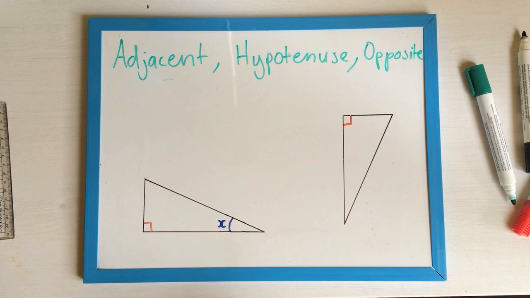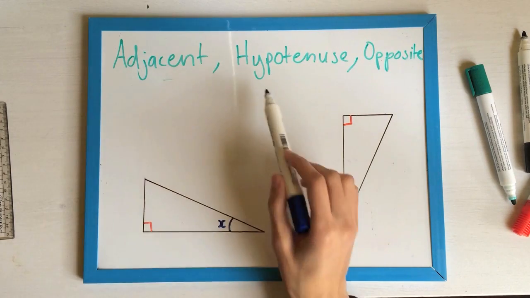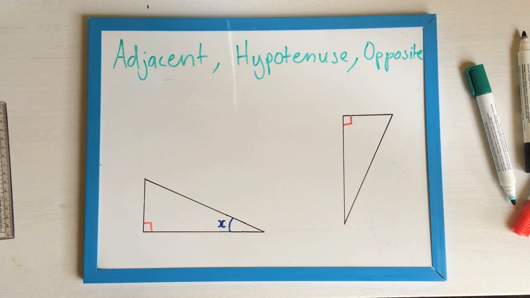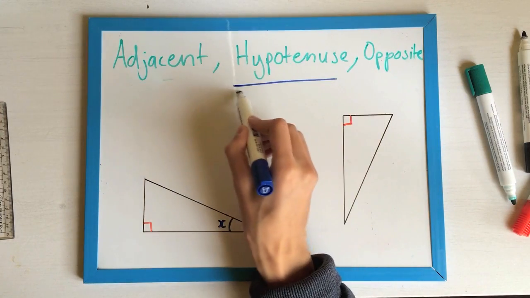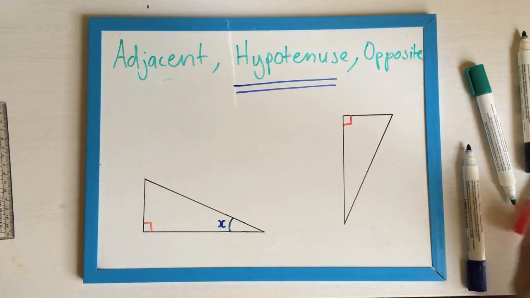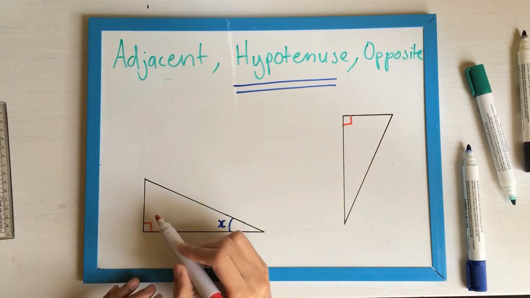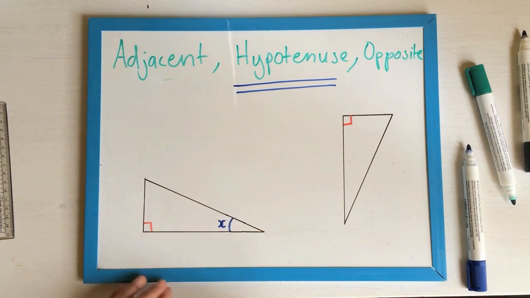Now that we understand what a right angle triangle is, it's extremely important to understand how to define our adjacent, hypotenuse and opposite sides. The hypotenuse is the easiest side to define, and I'll explain this by using the right angle as a key indicator to identifying our hypotenuse.